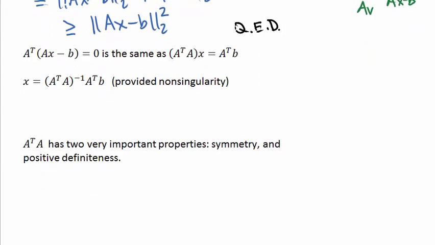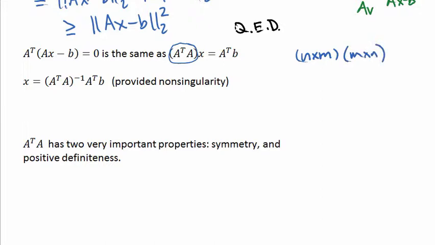Okay. So this condition from the theorem that A transpose times the vector AX minus B is equal to 0, that's actually the same, right? We can just rearrange that by multiplying things out and moving stuff to the other side into A transpose AX is equal to A transpose B. So by associativity, A transpose A, that's n by m times m by n.